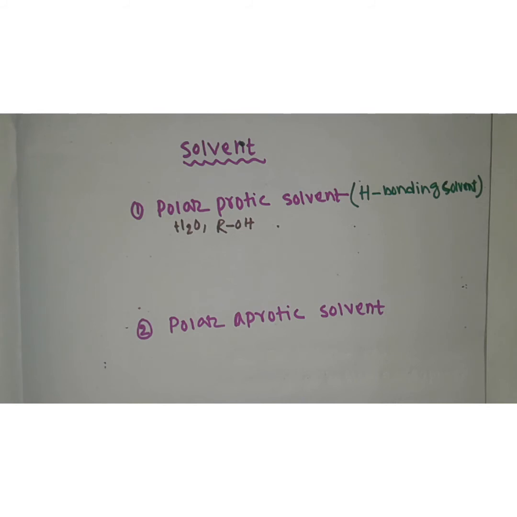Polar protic solvent is actually any solvent with OH, maybe H2O, maybe ROH, whatever. And in polar protic solvent, nucleophilicity increases as you go down the periodic table.